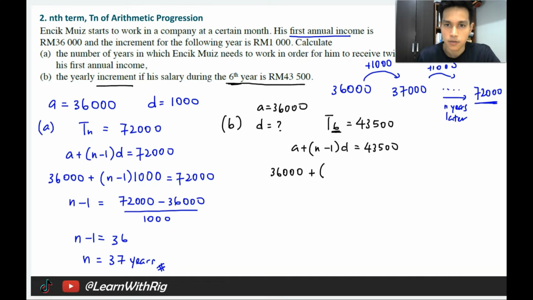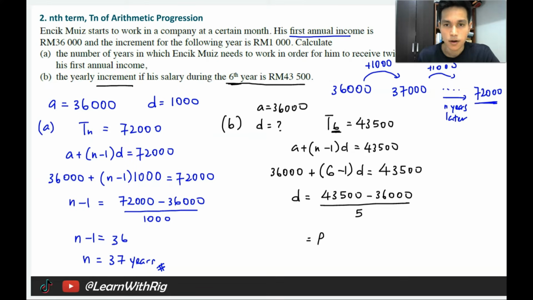This time you have the n value. So 6 minus 1 times D equals to 43,500. So how do you find D? D is equals to 43,500 minus 36,000 divided by 6 minus 1, which is 5. So your answer is RM 1,500 yearly increment.